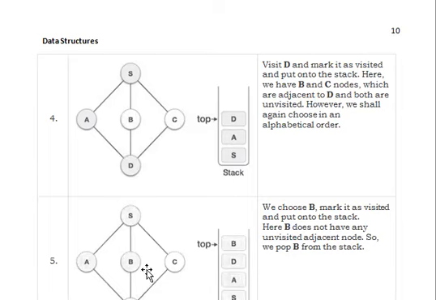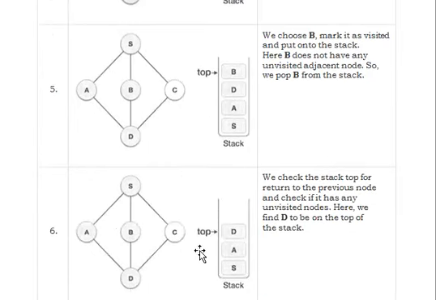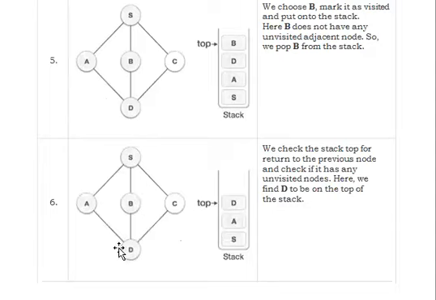When we choose B, we insert it into the stack. Then we see that B has no unvisited adjacent node. So we just pop B from the stack and come again to D and visit the C node.